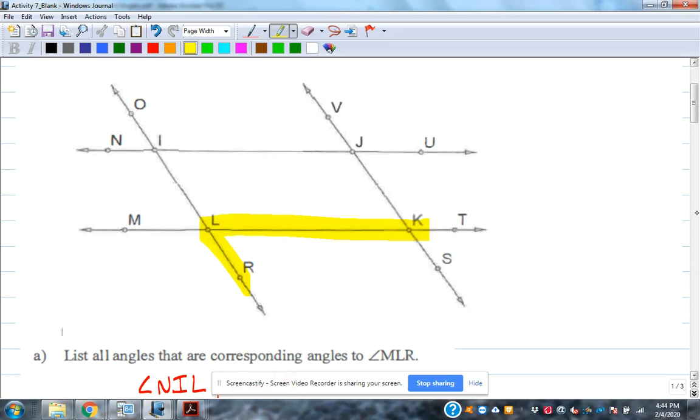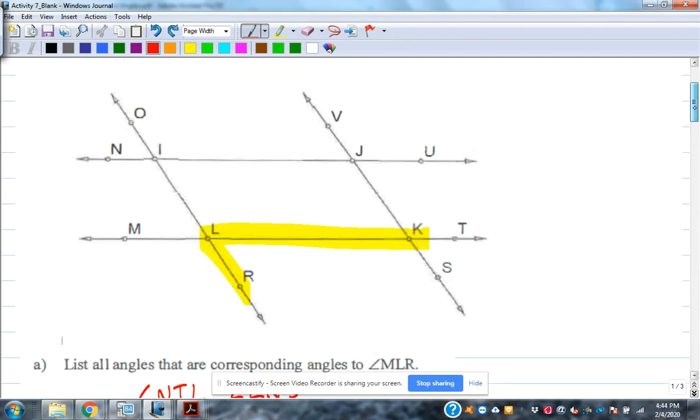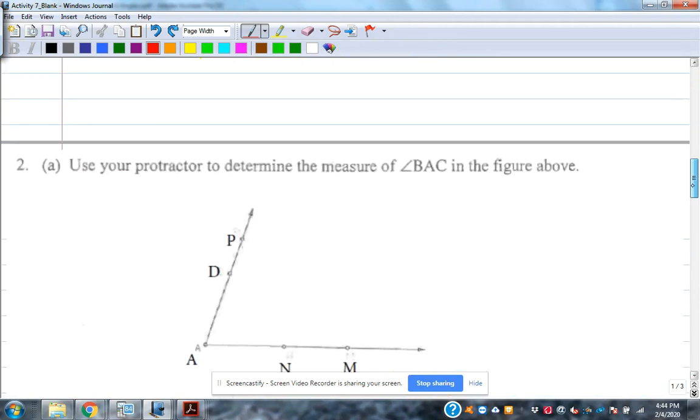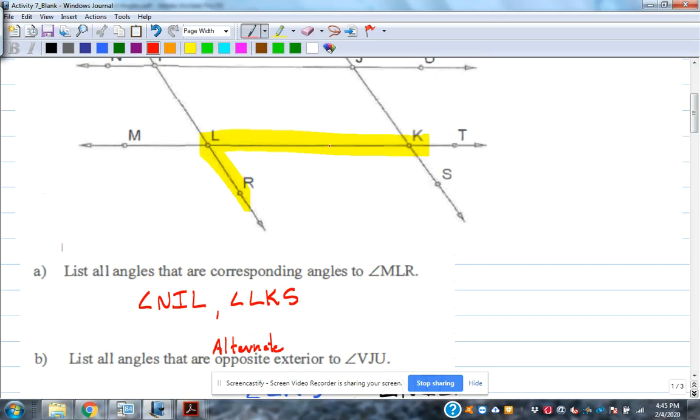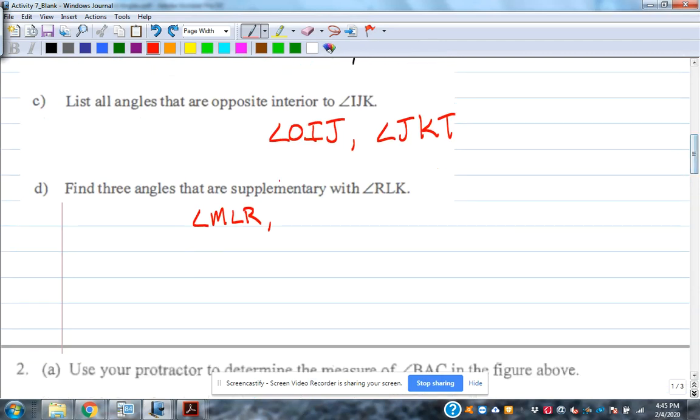MLR would be one, and that's already there. It really has nothing to do with the parallels too much at this point. So angle MLR is the one you guys said. ILK, which is this one here, makes a straight angle with that. So that's easily 180 degrees.